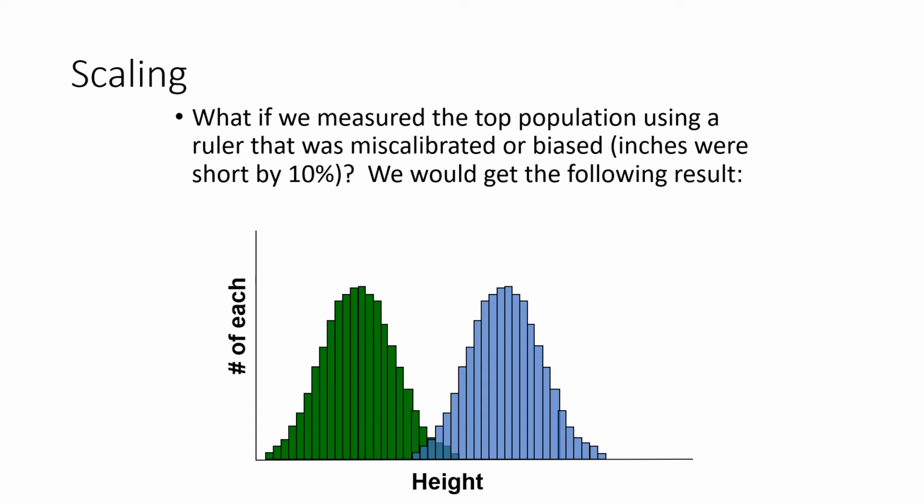So through miscalibration, we've introduced a bias. And in essence, now with this set of measurements, we are seeing what to our eyes looks like two very different populations. Yet, when we look at the picture, we can see they're basically the same height.